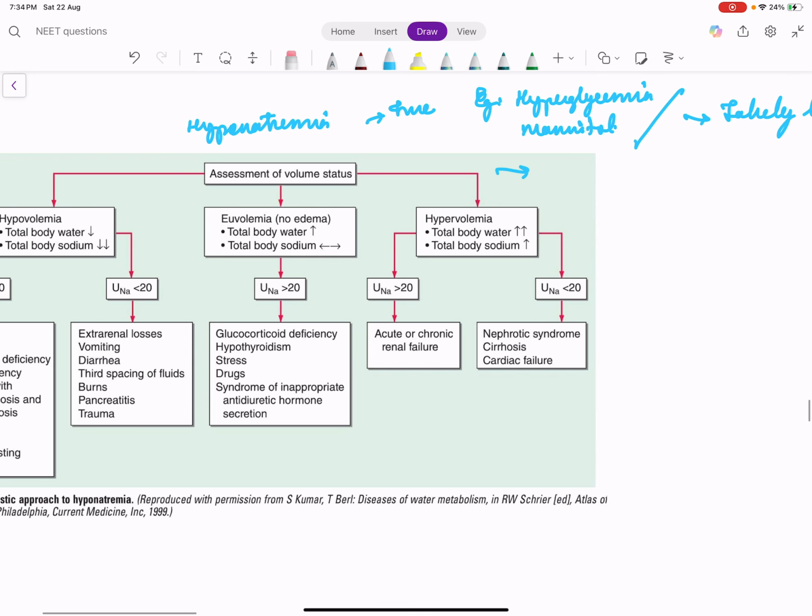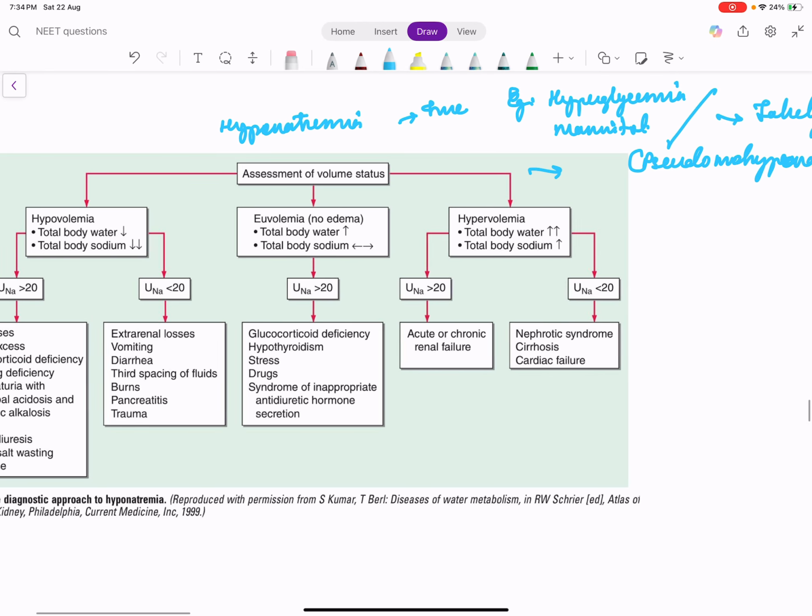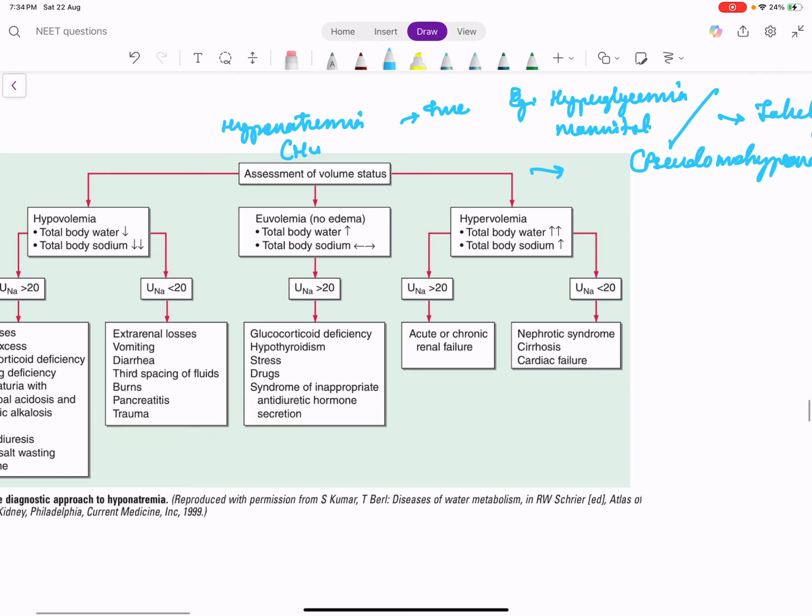So once pseudo-hyponatremia is ruled out, that is, there is no hyperglycemia, there is no hyperuricemia, only then can we tell that it is true hyponatremia. True hyponatremia is called hypotonic hyponatremia, because the osmolality of the blood reduces in hyponatremia.